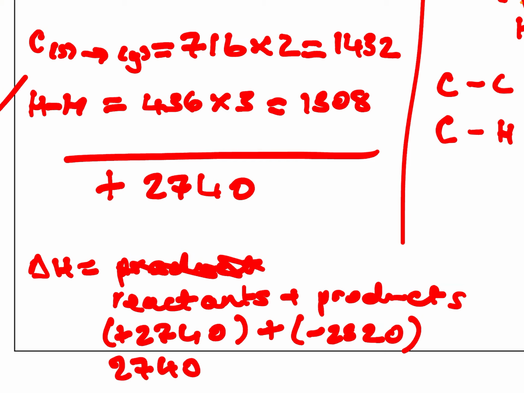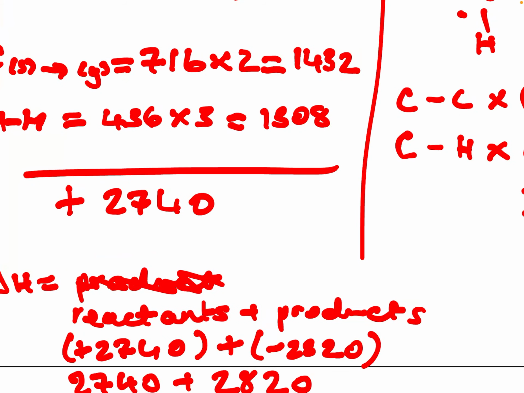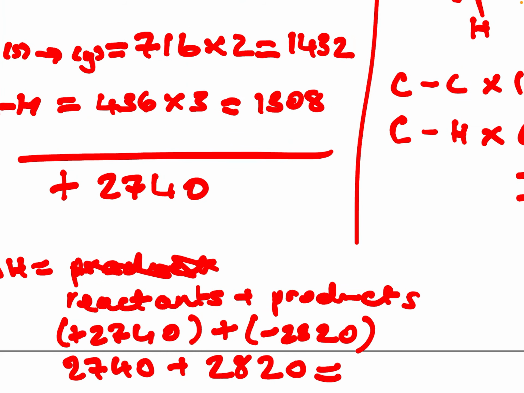That becomes 2740 plus negative 2820. So your final answer then is going to be minus 80 kilojoules per mole.